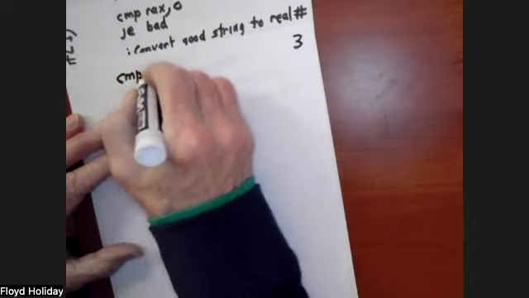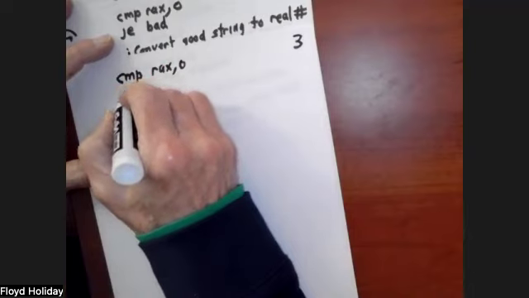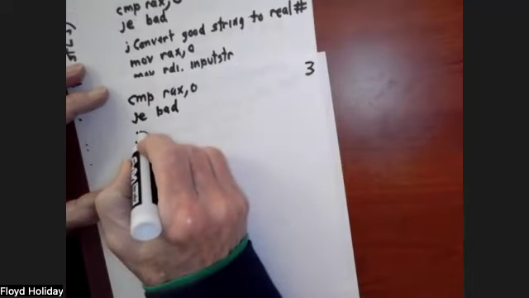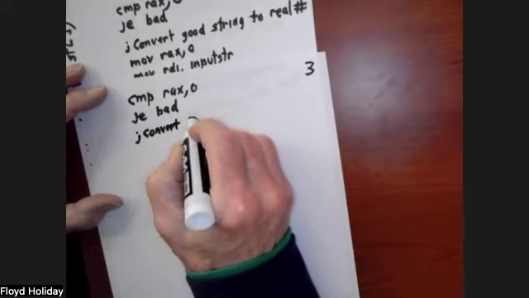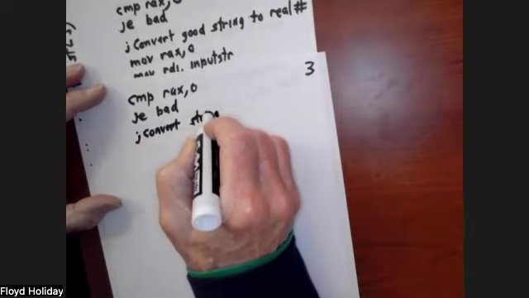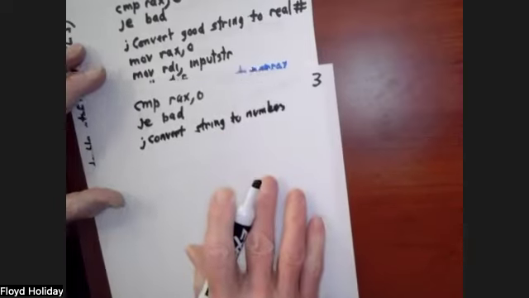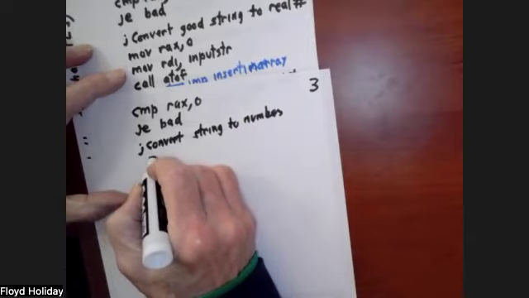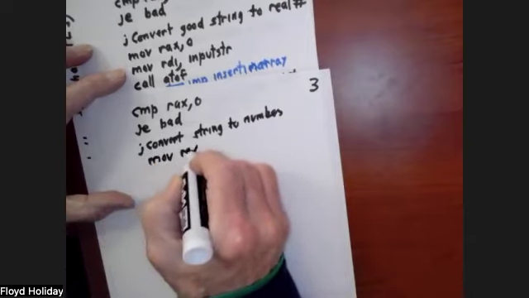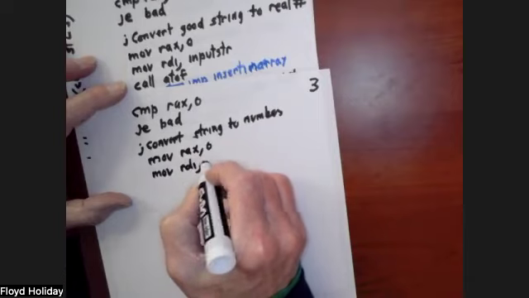CMP RAX 0, jump to bad. Now convert string to number. Okay. So far, just copying what was there. Move RAX 0. Move RDI input string.